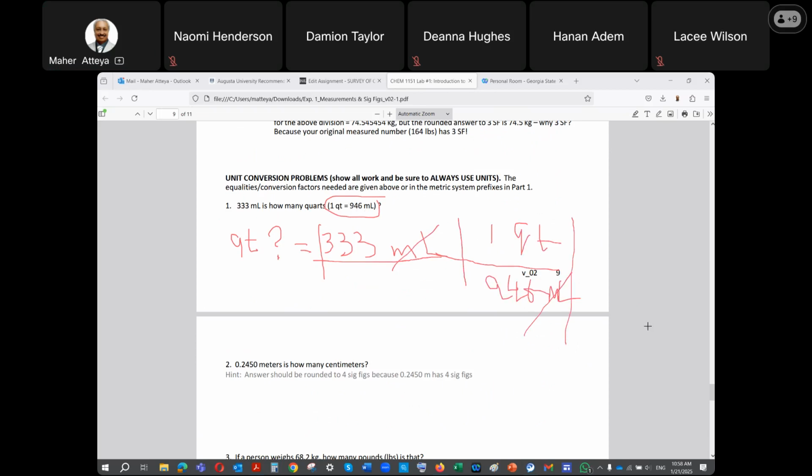Now I have to do the calculation, getting the answers here, but I have to watch the sig figs. The 1 is an absolute value and has nothing to do with sig figs. Here we have 3 sig figs, and 946 is 3 sig figs. So our answer has to have 3. If we get an answer from the calculator with, for example, 2 sig figs, then we have to add 0 to make it 3 sig figs.